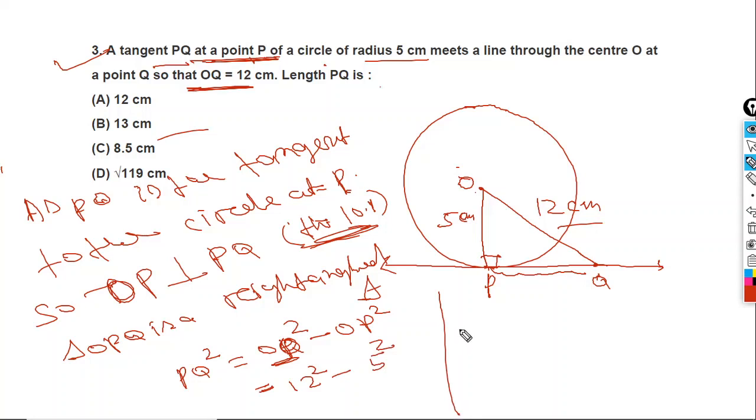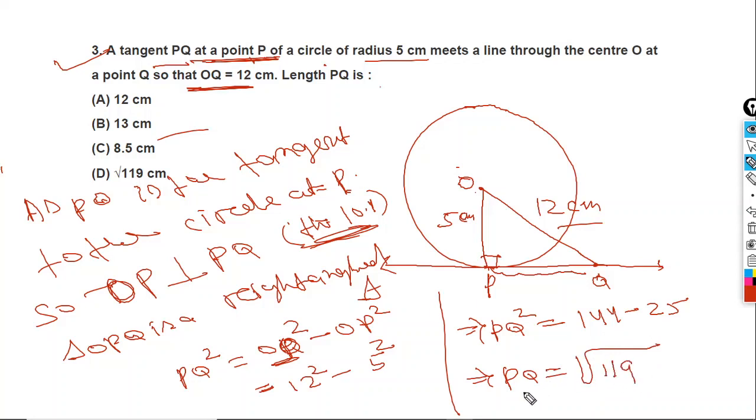Implies PQ square equals 12 square is your 144 minus 25, implies PQ will be equal to root over of 144 minus 25, which is 119. So PQ equals root over of 119. Here you have D. Answer is this. You can solve it in this way if there is a long question. Otherwise, for a short question, you can draw it in rough, then find the answer.